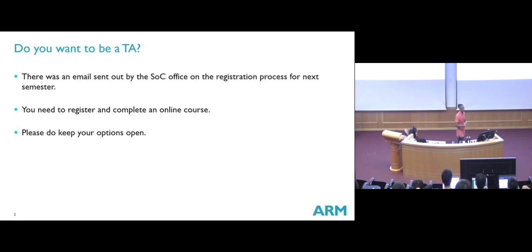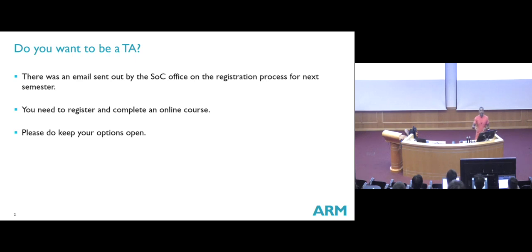Then the UG office has a vetting process, and after the vetting process, they will update the website with all your names. So it's not guaranteed that whichever module you want you will get, but if you put it there, then there's a high chance that we will contact you.